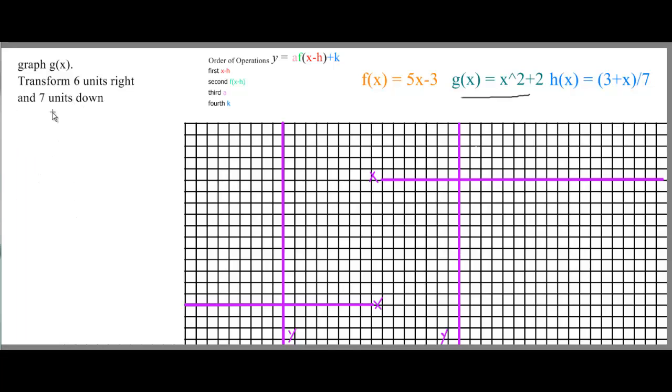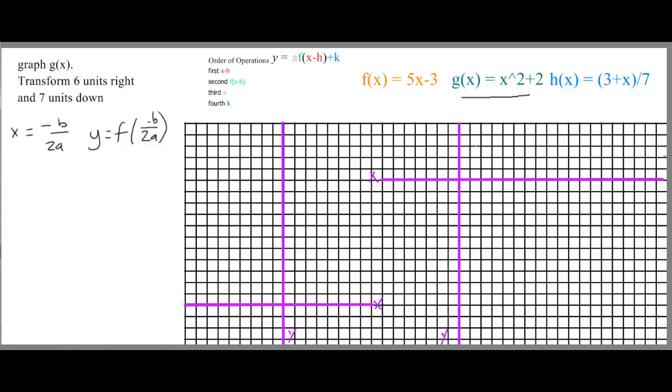Now let's find our vertex. If you remember the vertex formulas, the first one is x equals minus b over 2a, and then y is found by simply placing that back into the function. Let's define a, b, and c for our quadratic.